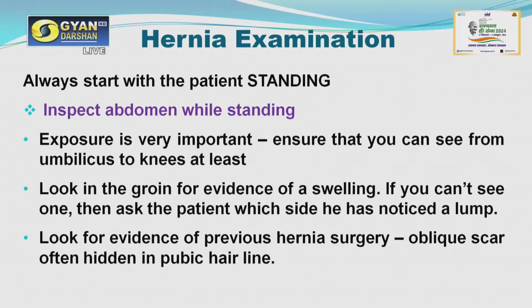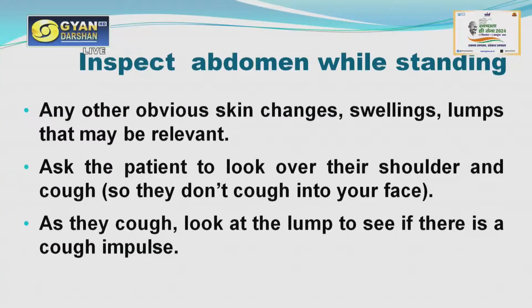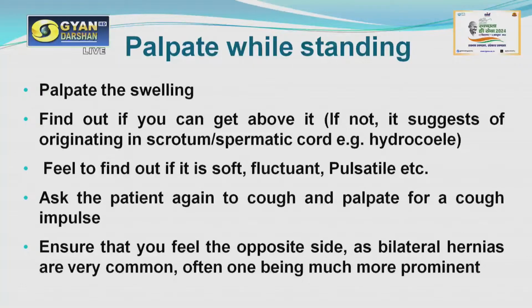You will inspect, looking for obvious skin changes, swelling or any lumps that may be relevant, and ask the patient to look over their shoulder and cough so that they do not cough on your face. During the coughing, look at the lump to see if there is a cough impulse, and with the cough you can see the bulging.